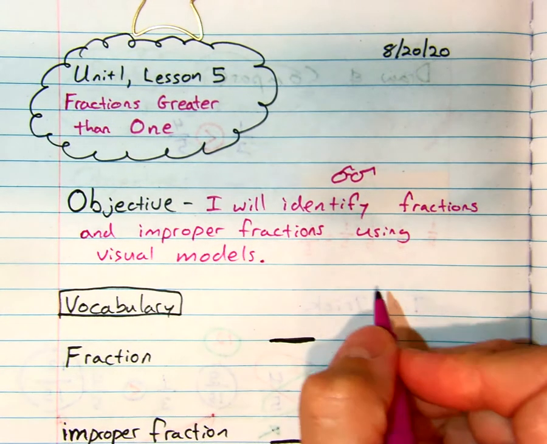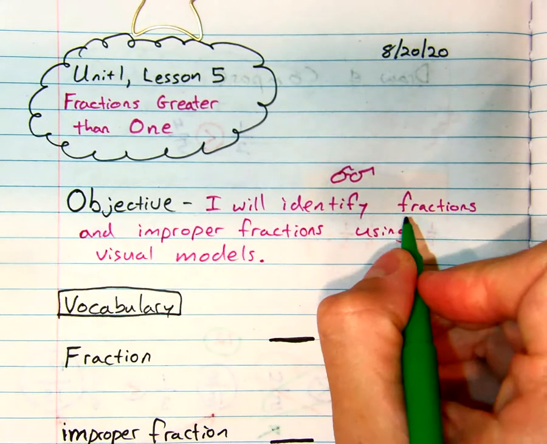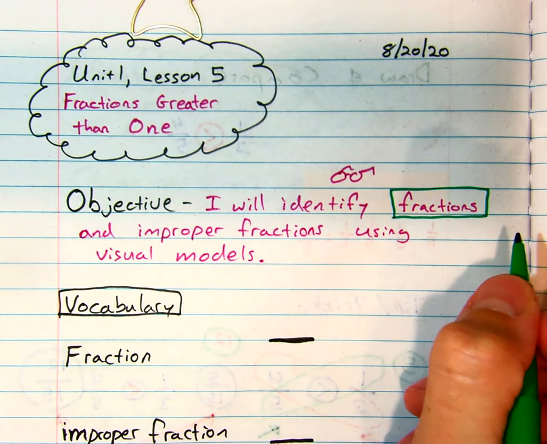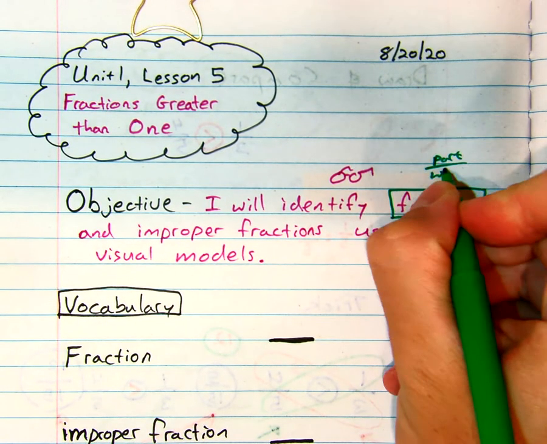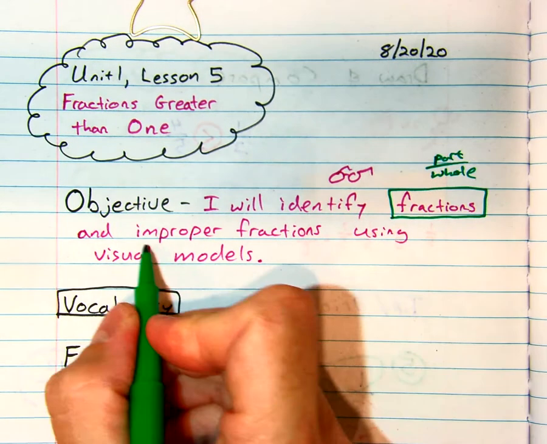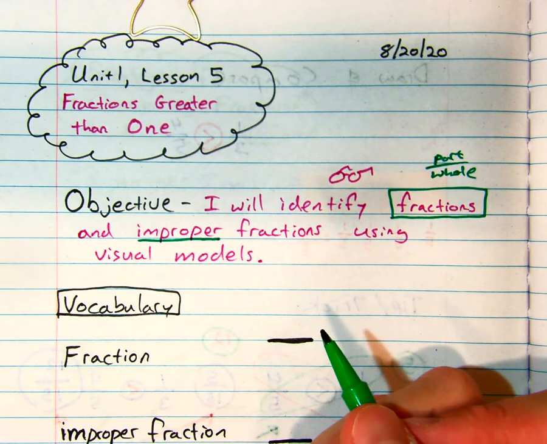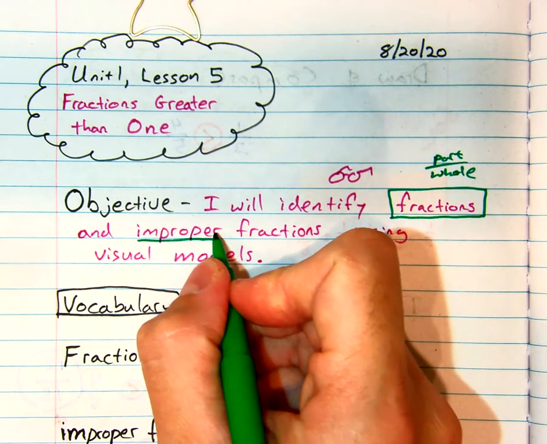So our buzzwords in here right now, clearly we're looking at something that we already know. We know what a fraction is. It's a part of a whole. Part over a whole. Improper fraction, I guess it's a fraction that uses foul language. No, it's not. So it has something to do with the structure.